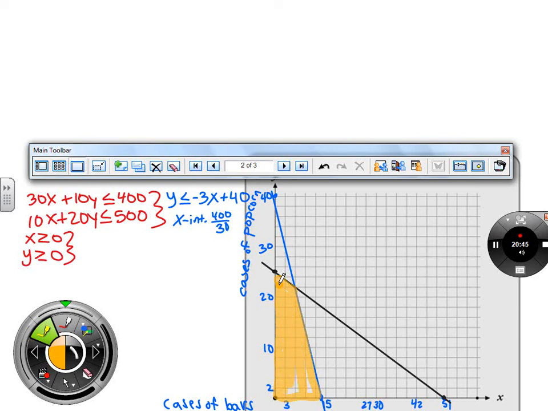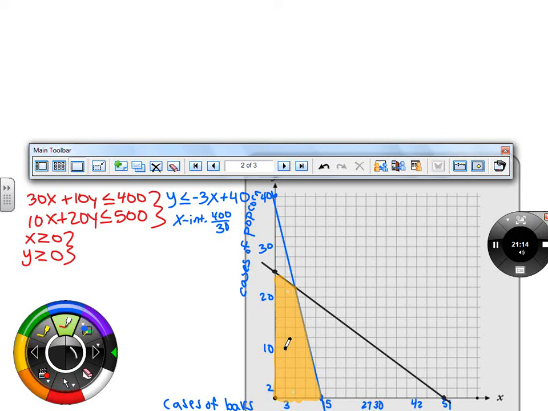Now, what that means is that we could choose for our fundraiser any values that are in here. And what I mean by that is, let's say this point right here. What does that point represent me selling in this fundraiser? Helen? Nope, this point that I made right here. Good.